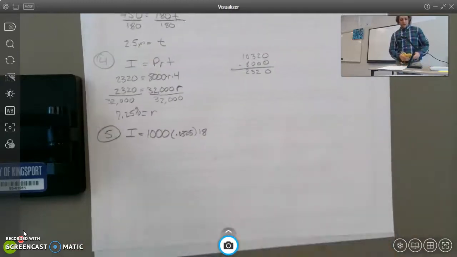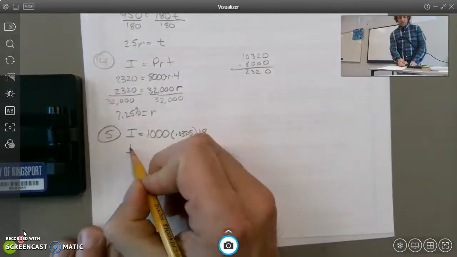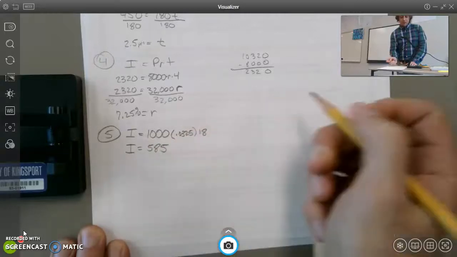So multiply those together, and we get $585. Interest equals $585.